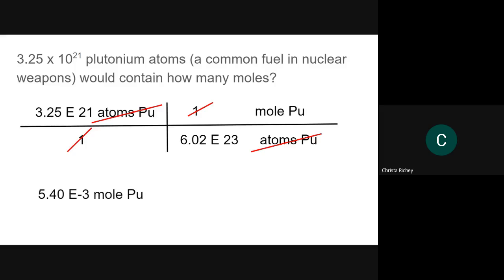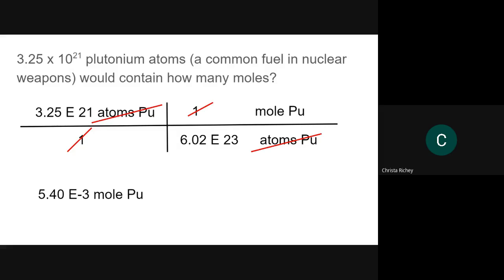I've been trained to write things in scientific notation, but if your calculator is saying 0.005398, blah, blah, blah, that's what this is. This is just in scientific notation. Let me show you how I did that. 0.00539886, and so on.